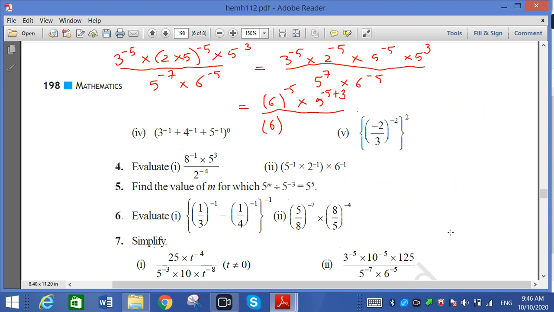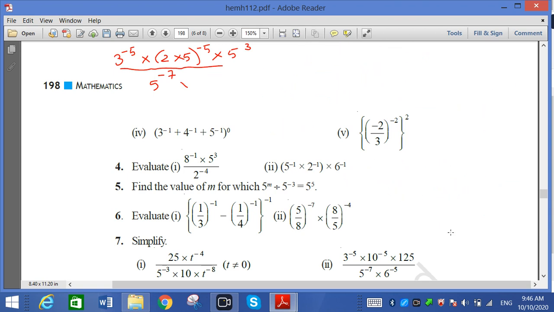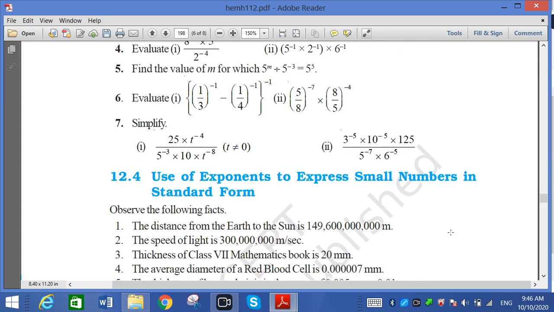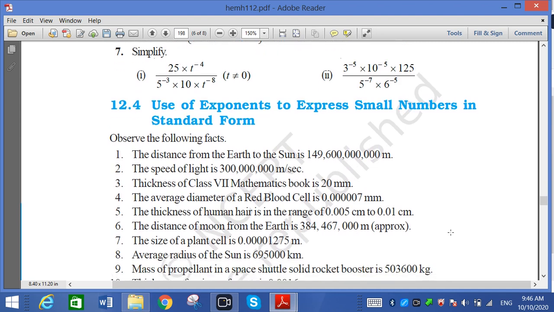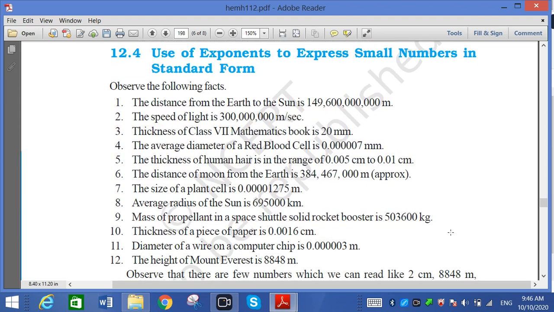Now we go to the second topic, that is standard form. In mathematics when many zeros are there, what do we have to do? That is the use of exponents to express small numbers in standard form. Use of exponents to express small numbers in standard form.